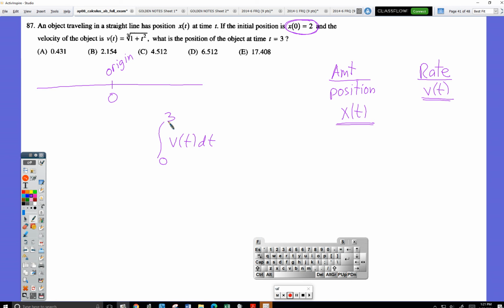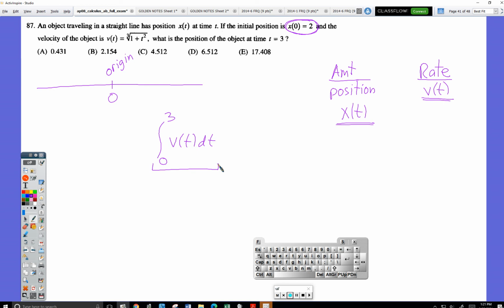Let's do that. Grab your calculator and do this integral. I'm hoping this will help it stick in your brain better. Good.